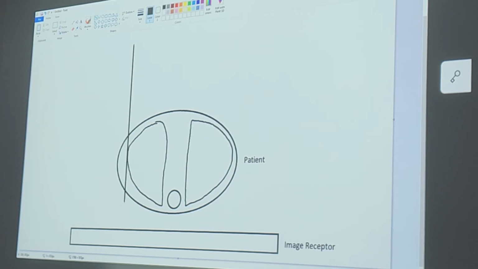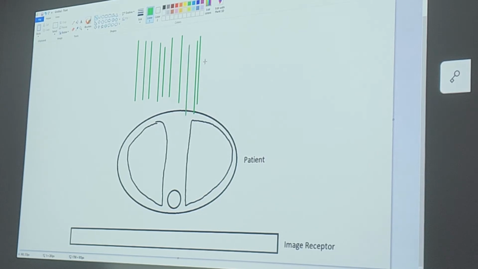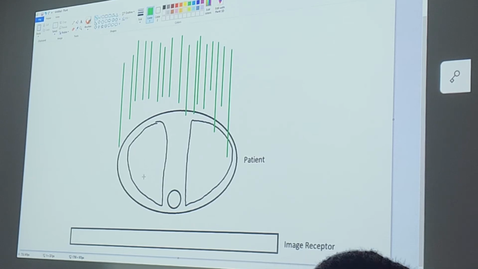Alright, so let's say that we've got some x-rays here. X-rays coming into the body, right? What kind of beam is this? Right, primary beam. Okay, so over here, lungs. Will lungs have high absorption? No, mostly x-rays are going to pass through the lungs.